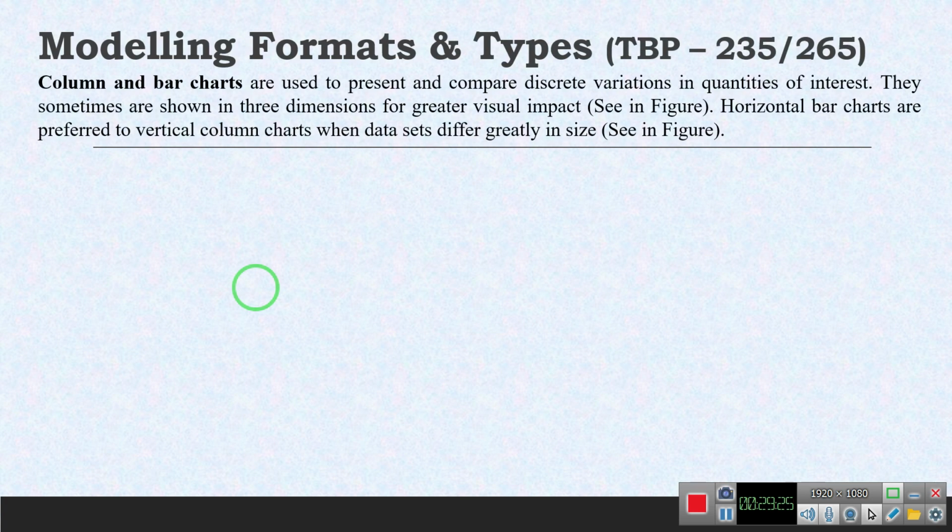Another graph: column or bar charts are used to present and compare discrete variations in quantities of interest. They sometimes are shown in three dimensions for greater visual impact. Horizontal bar charts are preferred to vertical column charts when data sets differ greatly in size.